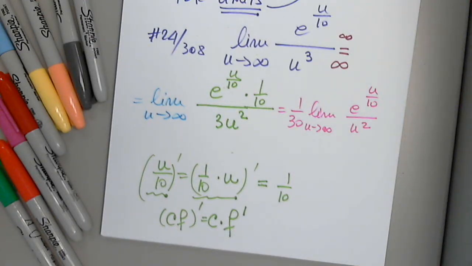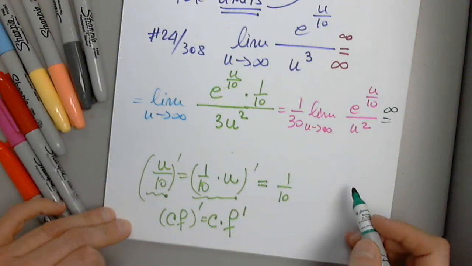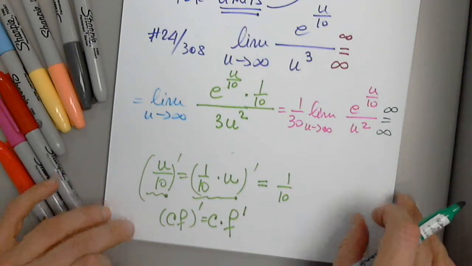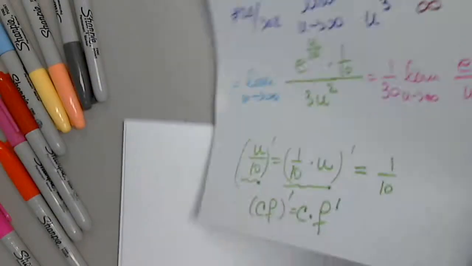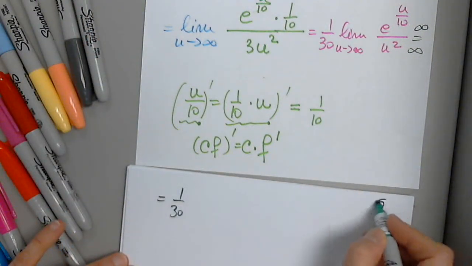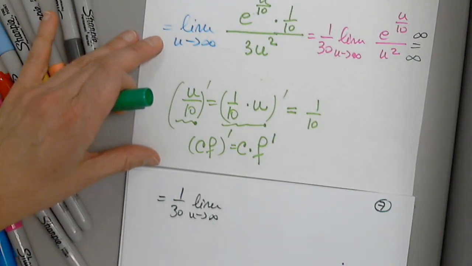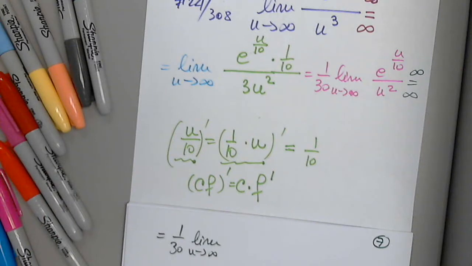Good. So plug it in again. What do we get? At the top, where does it go? Infinity. Where does the bottom go? Good. We apply L'Hopital's rule again. So 1 over 30 stays outside. So limit as u approaches infinity. So please give me the derivative of the top.